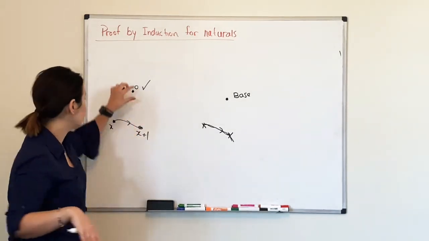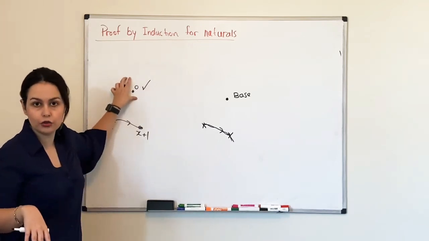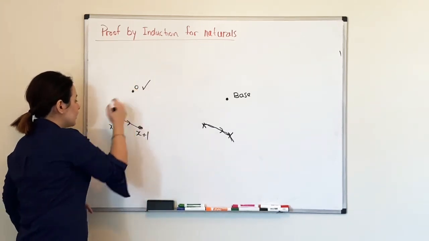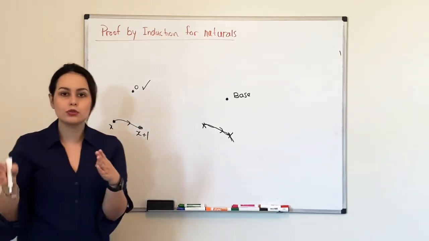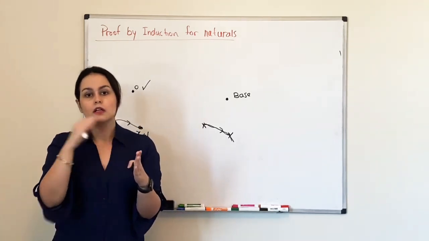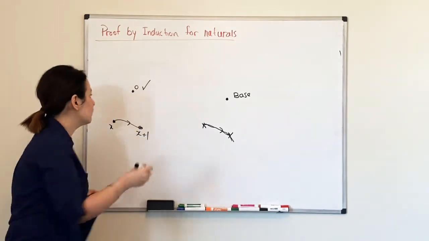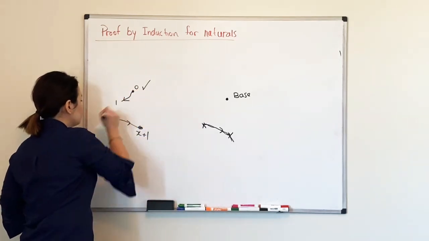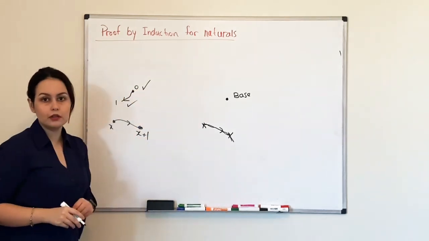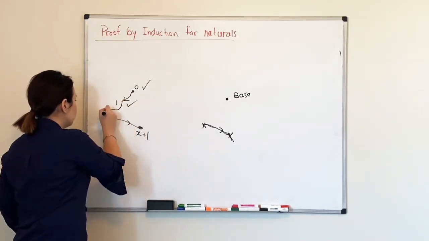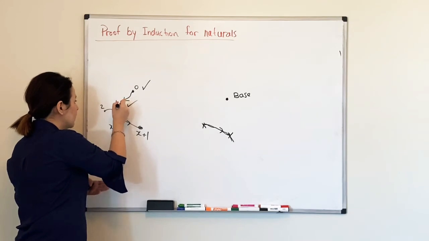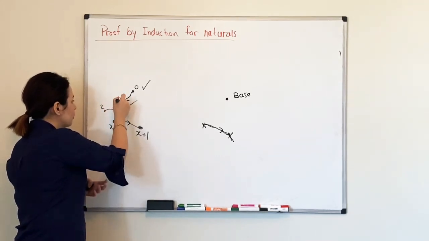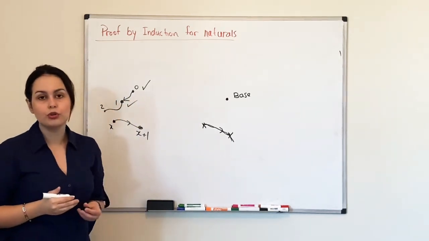The reason is that I tested that, I know it is true for 0. Since I know that if it is true for some arbitrary element, it is true for the successor of that, I go to 1 and it is true for 1. And I can go to 2 and it is true for 2, because 1 is one element in natural numbers, and I know if it is true for 1, then it must be true for 2.